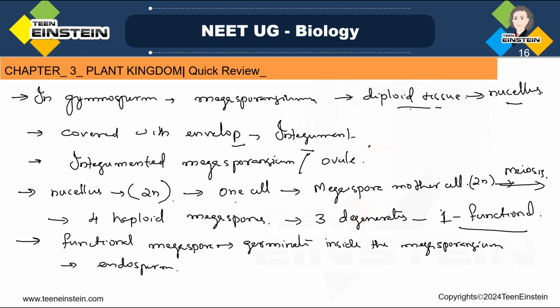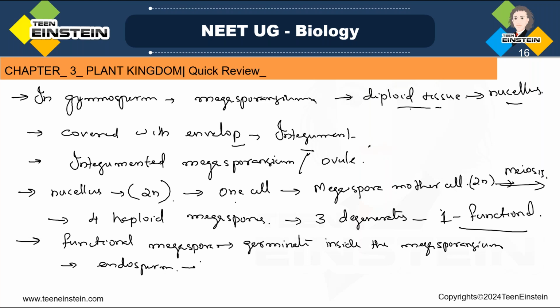So here it is a multicellular condition, but it is not completely developed. It is a less developed female gametophyte that is retained within the megasporangium, in the ovule. But here you can compare this with the bryophyte and pteridophyte.